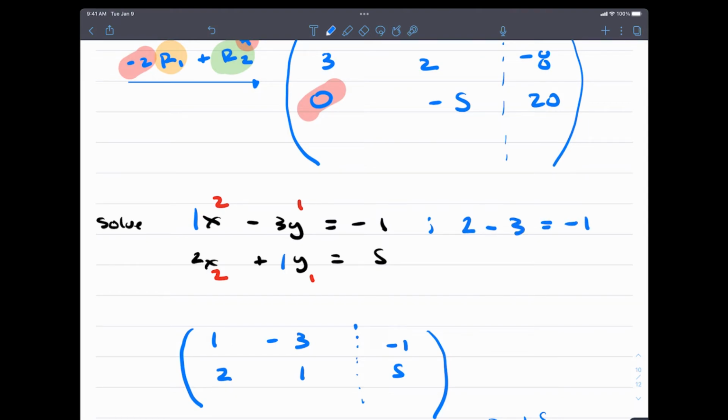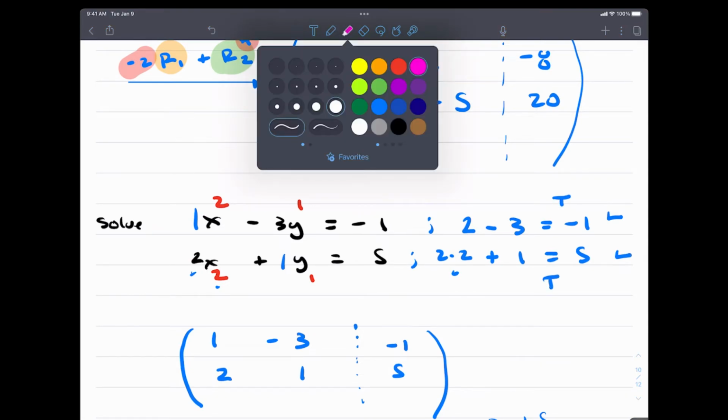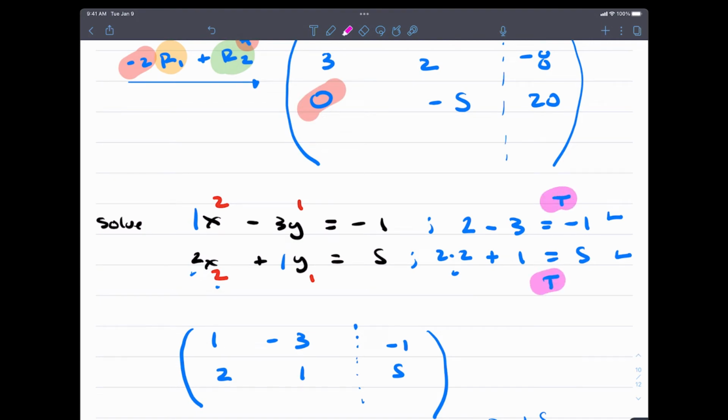Is that a true statement? When I plug in these values, do I get a true statement? Yes. And then I have 2 times 2 plus 1. Is that 5? Because I'm plugging it back in. 2 times 2 is 4. 4 plus 1 is 5. That's a true statement. True, true. Let's use pretty in pink in honor of the 80s.